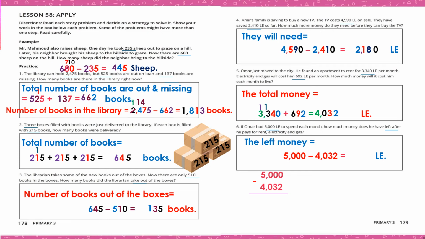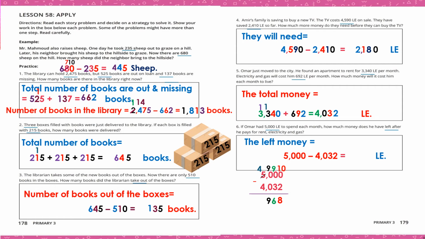So we will go to 5. 5 will be 4, and the 2 zeros in the middle will be 9, and the first 0 will be 10. 10 minus 2. Can you take 2 from 10? Yes, 8. 9 minus 3 is 6. 9 minus 0 is 9.